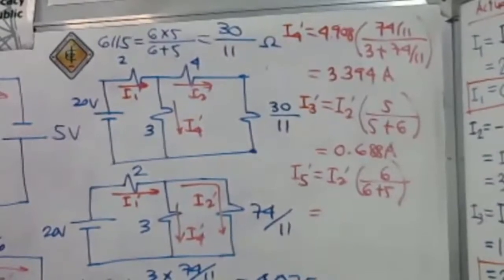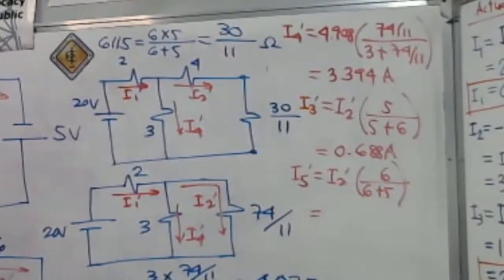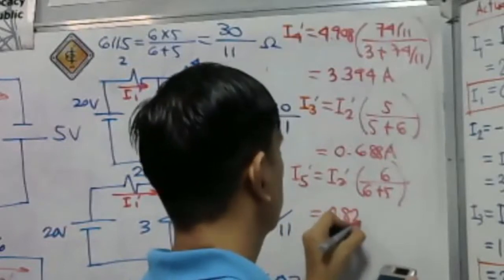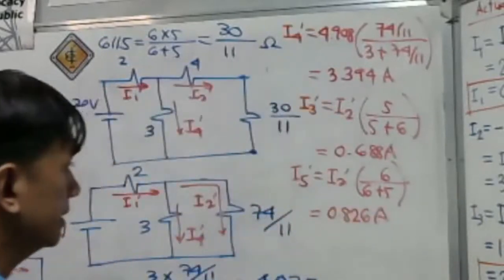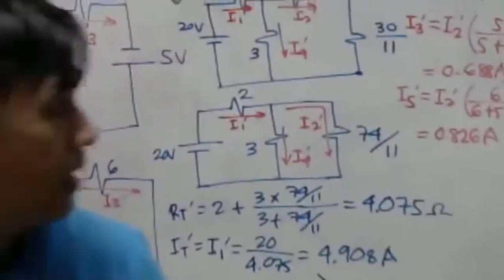I2 prime is 1.514, then times 6, then divided by 11, and that is equal to 0.826 amperes. Just have to add this 0.688, that should give around your 1.514. Okay, that's correct. So, we are done with the 20 volt source only.